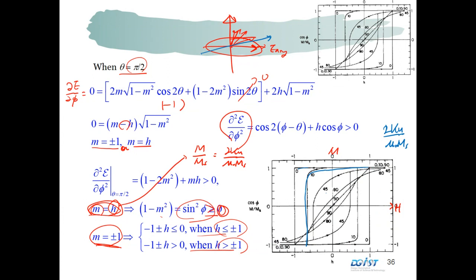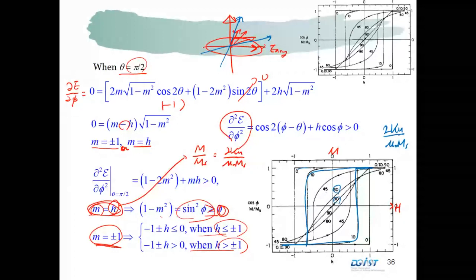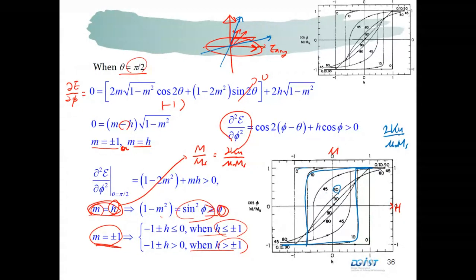So there is some small change of the loops at 10 degree. And the 80 degree implies the field direction is a little bit off from the hard axis. So they should be similar to the 90 degree. So they should be something like this. Yeah. So that is the result of various angles.